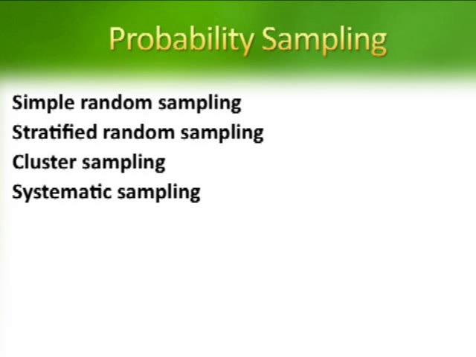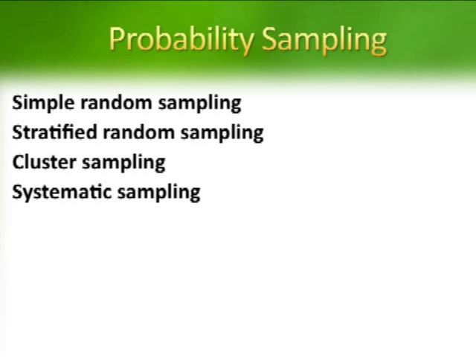Then they become part of the sample. This is done until the sample number is complete. Another way to do it is to put the names in a hat and draw one at a time until we've collected our sample.